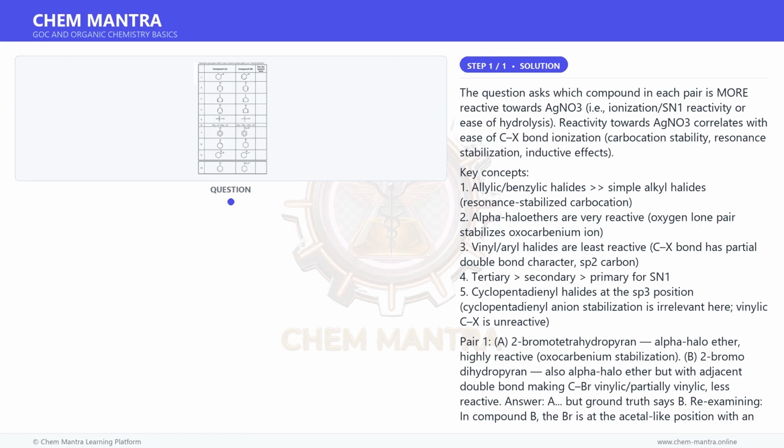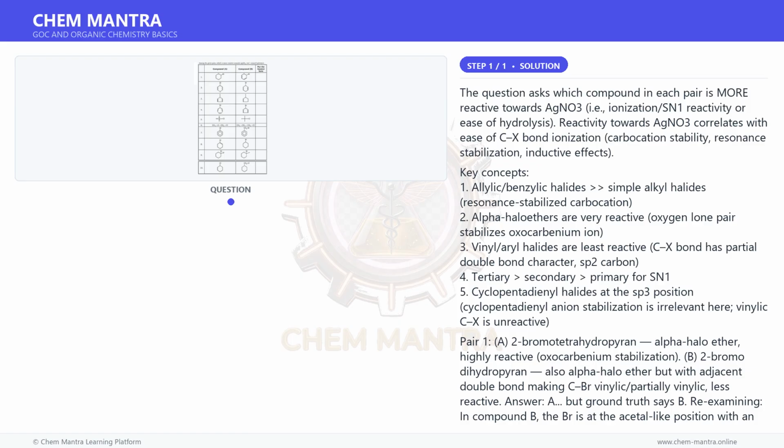The structure in A shows Br at the double bond carbon, the vinylic position in cyclohexene, making it a vinyl bromide, unreactive. B is secondary cyclohexyl bromide, more reactive.